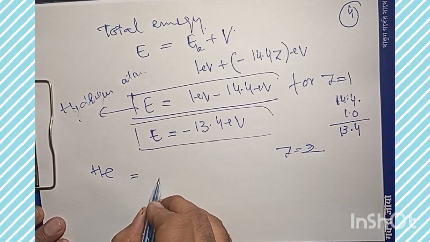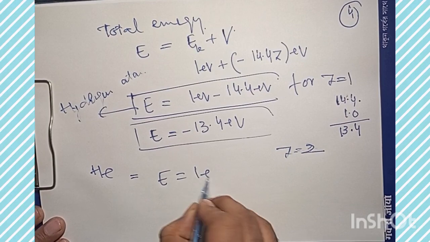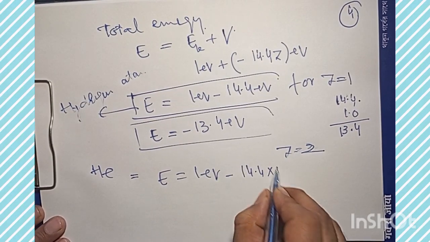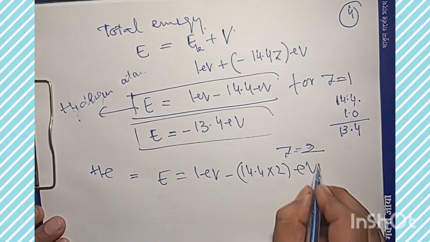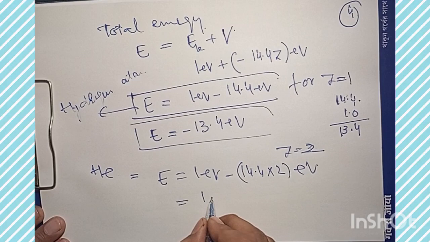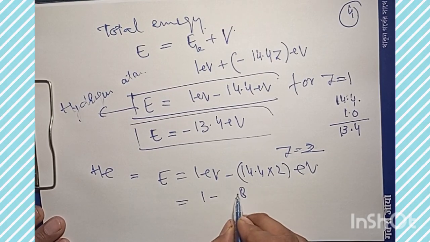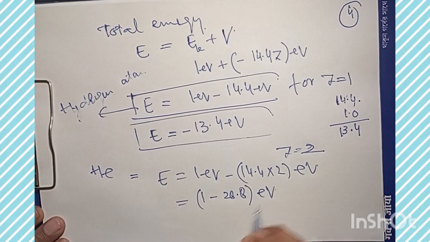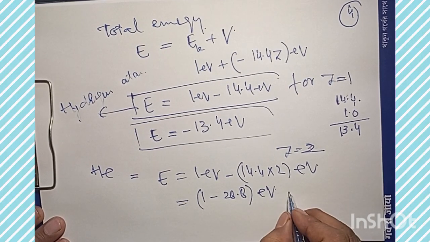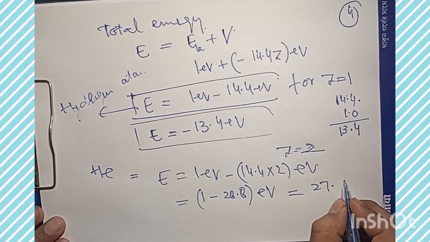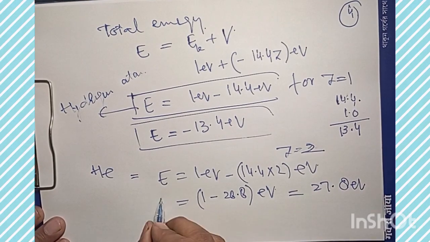And for that, what will be my total energy? It will be 1 eV minus 14.4 times 2 electron volts. So this will be 1 minus 28.8 electron volts, and when you subtract this, it certainly will be minus 27.8 electron volts.